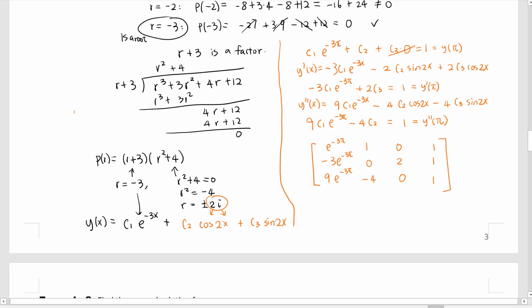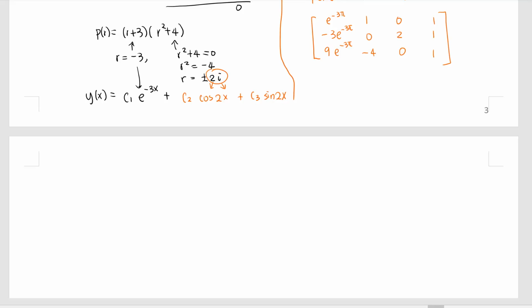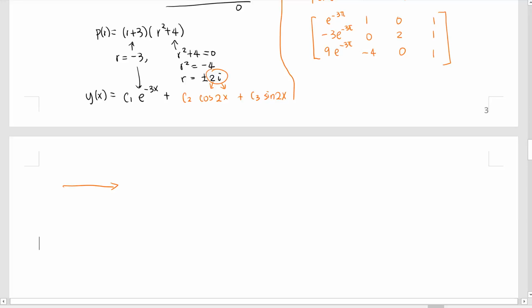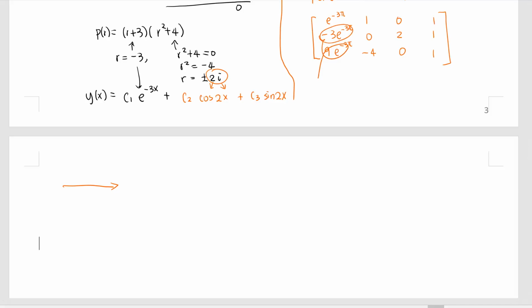Gaussian elimination. So, okay, we can see this guy and this guy are constant multiple of the 1 entry. So we use 3r1 add to r2. We use minus 9r1 add to r3. Okay, e to the minus 3 pi, 1, 0, 1.